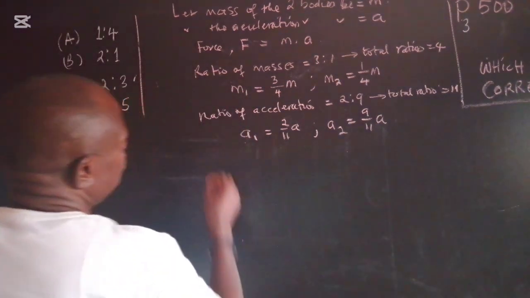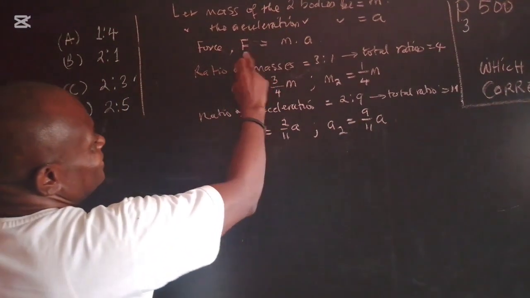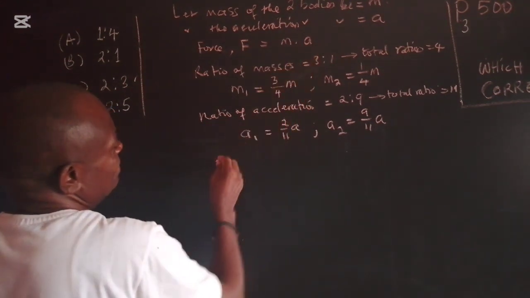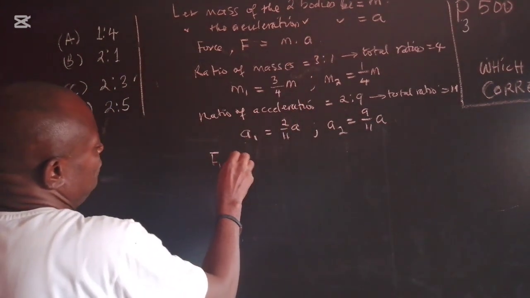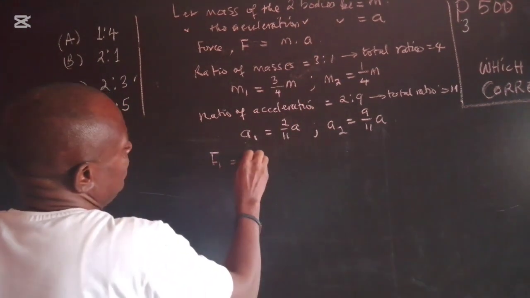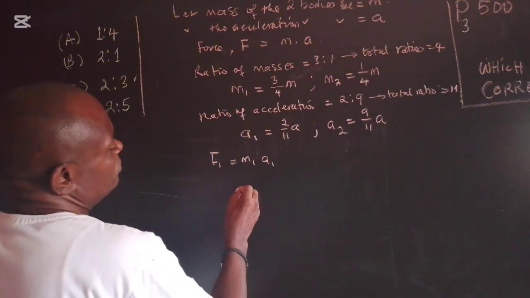Since we know that generally force is equal to mass times acceleration, the force of the first body will be the mass of the first body times the acceleration of the first body.